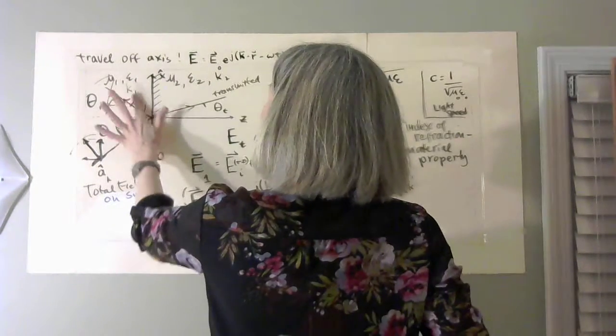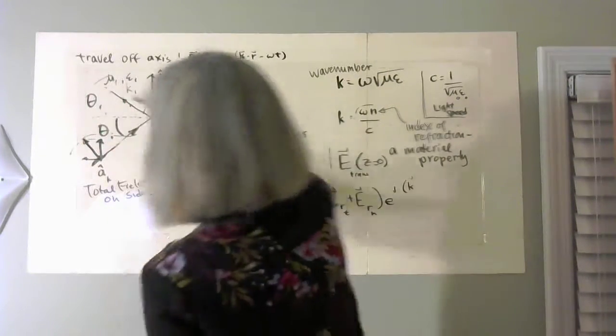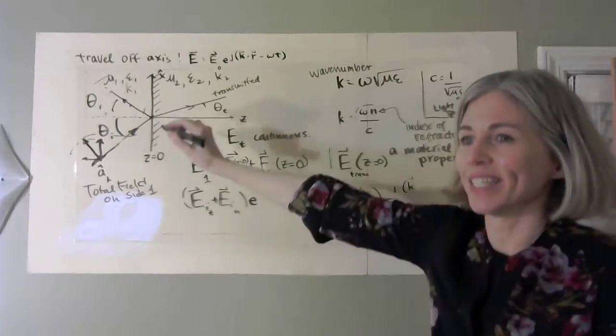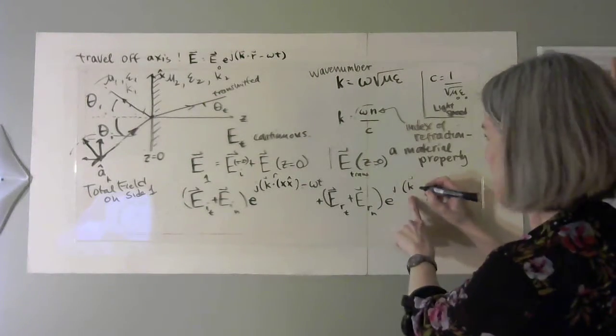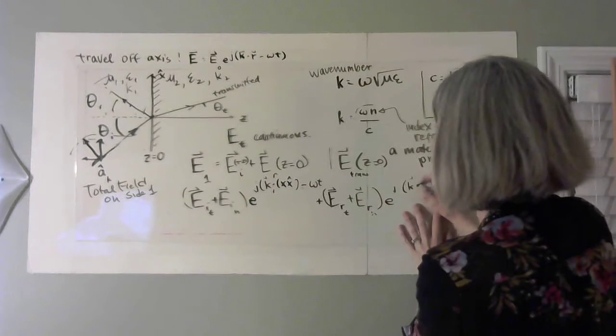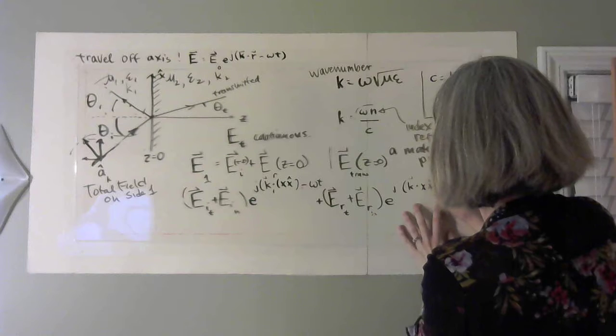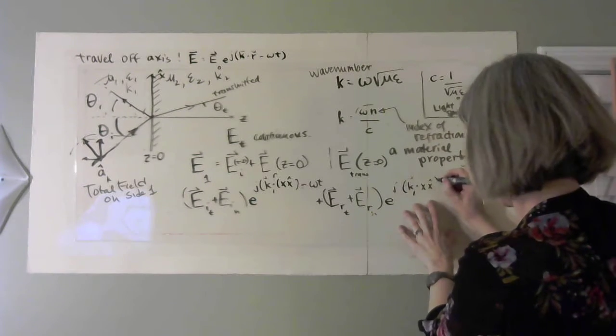Okay, I'm going to erase some of these, and I'm focusing on this incident, reflected, and transmitted picture. k1 dot x hat. A lot of little tiny stuff.